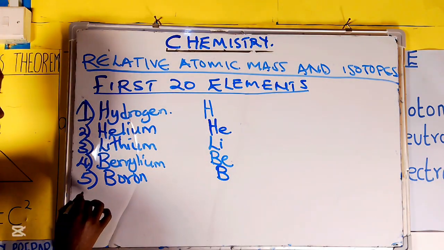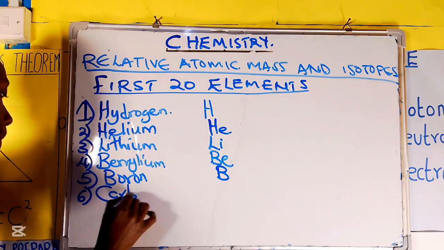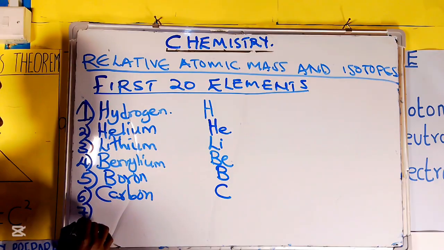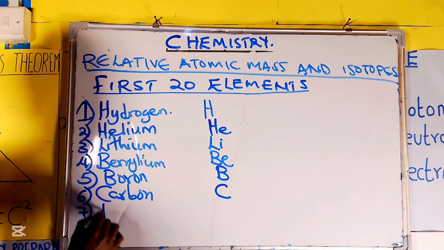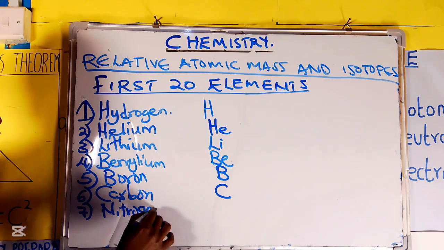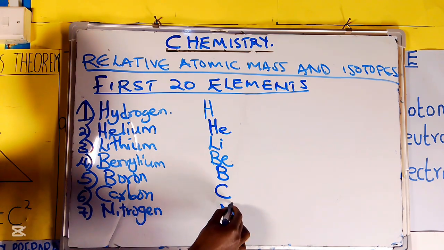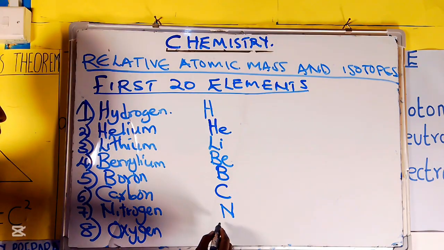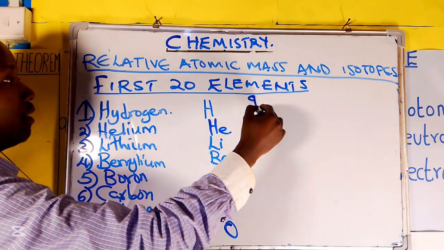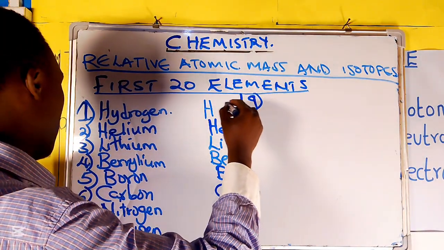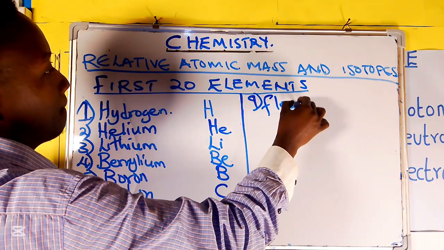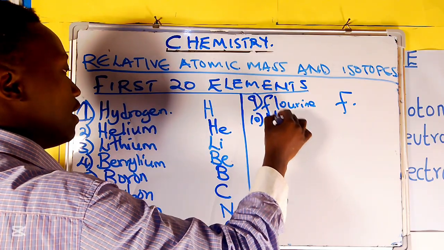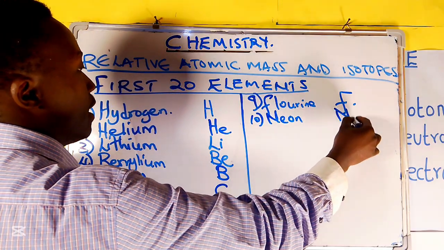Number 6 we have carbon, which is C. Number 7 we have nitrogen, which is N. Number 8 we have oxygen, which is O. Number 9 we have fluorine, whose symbol is F. Number 10 we have neon, whose sign is Ne.